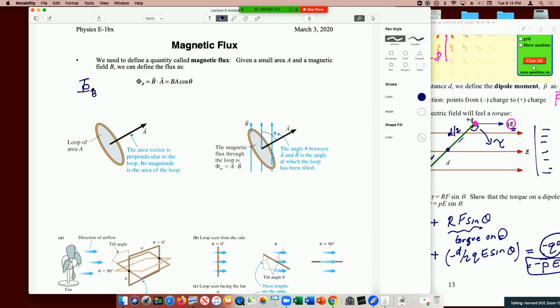If I think of that loop with a current going through it, there's going to be a magnetic field that is perpendicular to the loop.